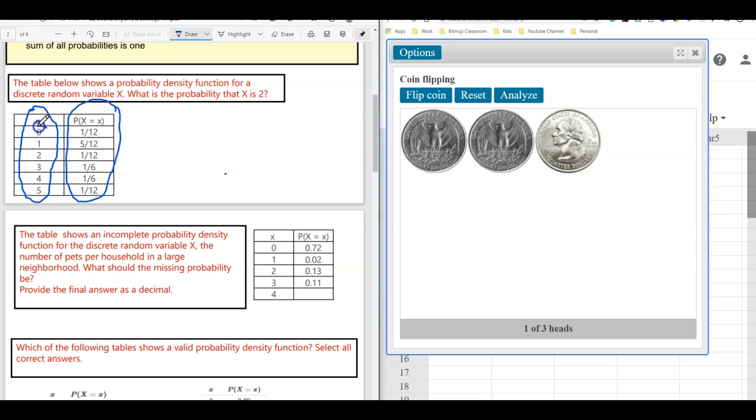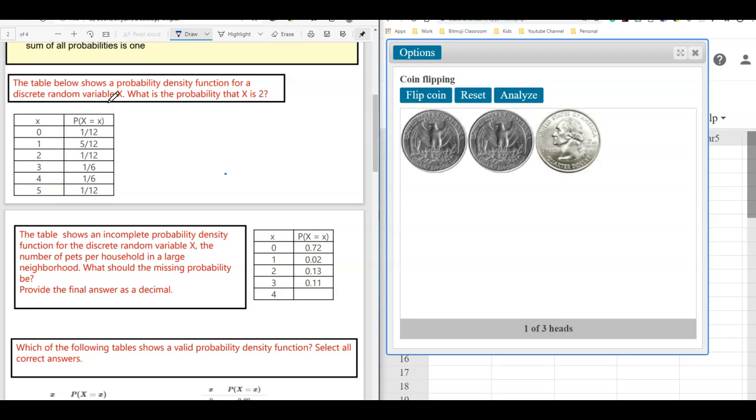So the probability of x being 0 is 1 over 12. The probability of x being 1 is 5 over 12. The probability of x being 2 is 1 over 12 again. So all different cases. They put all the probabilities together and give you this particular table, which is called the probability density function.